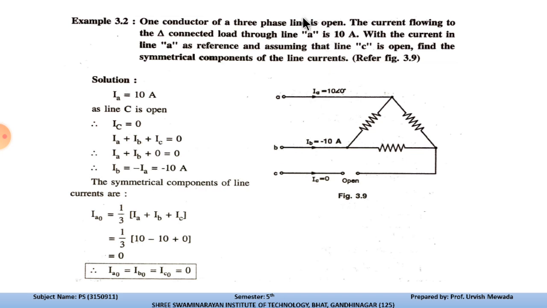It was not given in the data, but after solving we have the value of IB as minus 10 ampere. Now the symmetrical components of the line currents: IA0 is equal to 1/3 of IA plus IB plus IC. Putting all the values, it is 1/3 of 10 minus 10, so it will be 0. So IA0 is equal to IB0 is equal to IC0 is equal to 0.